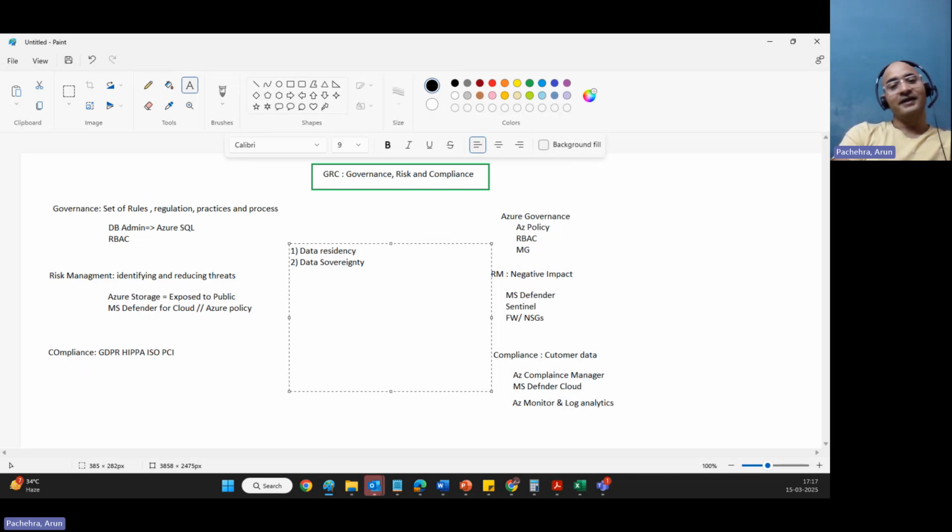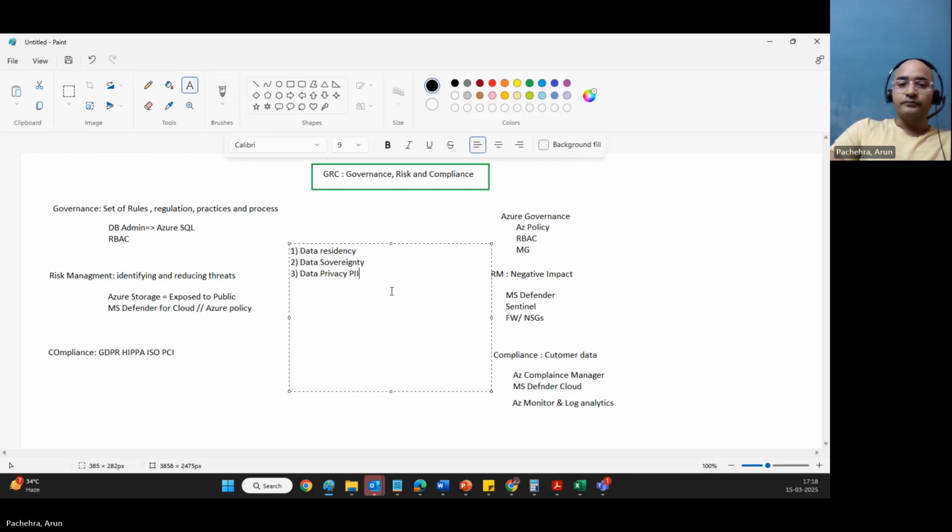Data sovereignty ensures data follows the laws of the country where it is stored, like how you should store a particular data or data type. Then the third is data privacy, which protects personally identifiable information, which is PII data, from misuse, of course.